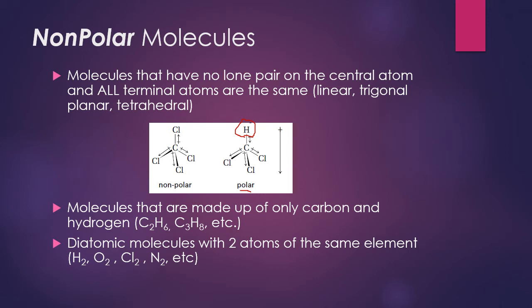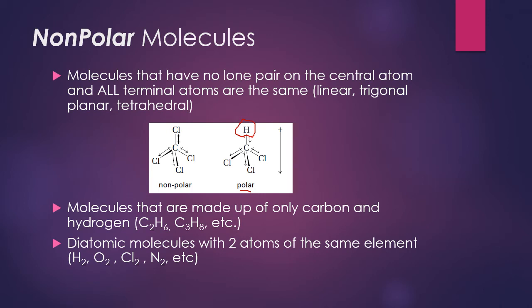It doesn't matter if you have 52 carbons and 87 hydrogens, it's still going to be nonpolar. This is very helpful because a lot of hydrocarbons, that's what compounds with carbon and hydrogen only are called, hydrocarbons, often get to be very, very long chains. So you can have extremely large molecules.